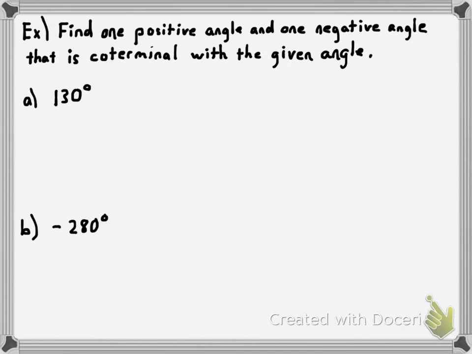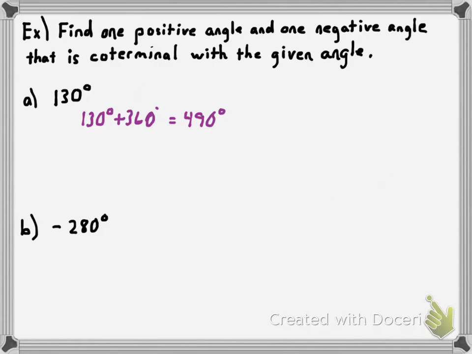Let's take that 130 degree angle. If I wanted to find another positive angle that is coterminal with that, all I need to do is take 130 degrees and add 360 degrees to it. And so 490 degrees would be coterminal with that, right?